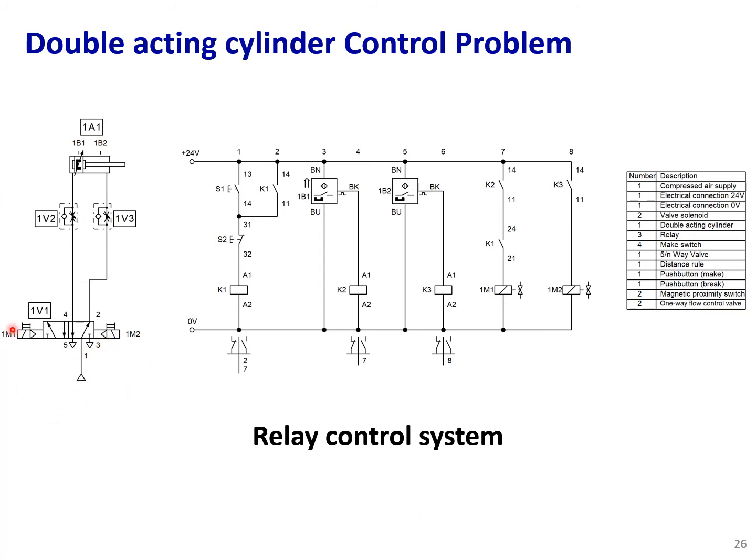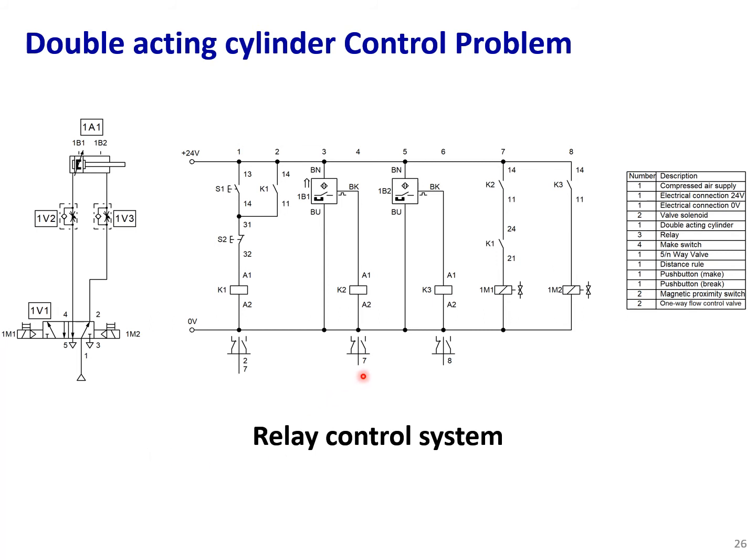And on this pneumatic circuit we have two solenoids, 1M1 and 1M2. Okay, and we have two sensors, 1B1 and 1B2. You could see them in the electrical circuit. All of these are designed and programmed in FluidSIM.